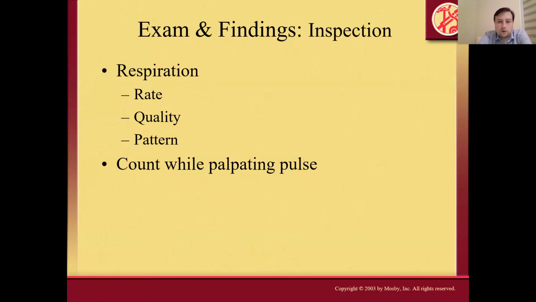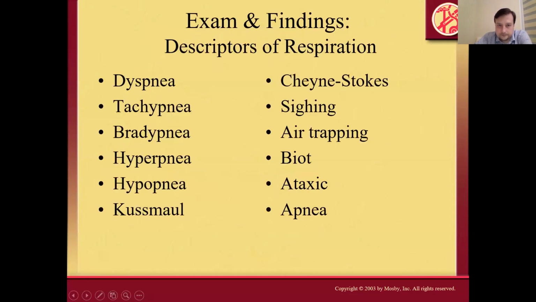Next step is dynamic inspection of the chest. In the dynamic inspection, we need to find the rate of respiration, quality of respiration, and pattern of respiration, and count while palpating the pulse.